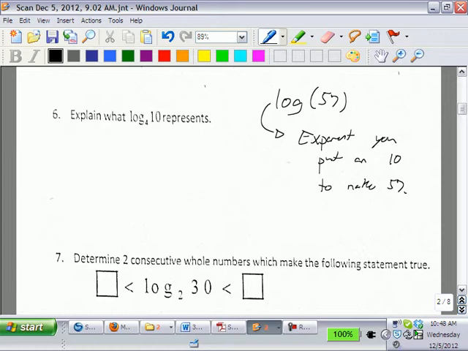Okay, good. So by default, it is 10. Yep. So you guys said log 57. Well, you know, log is base 10. You don't have to write the 10 here. If you don't write the 10, by default, it's base 10. So log 57, that's the exponent you put on 10 to make 57.